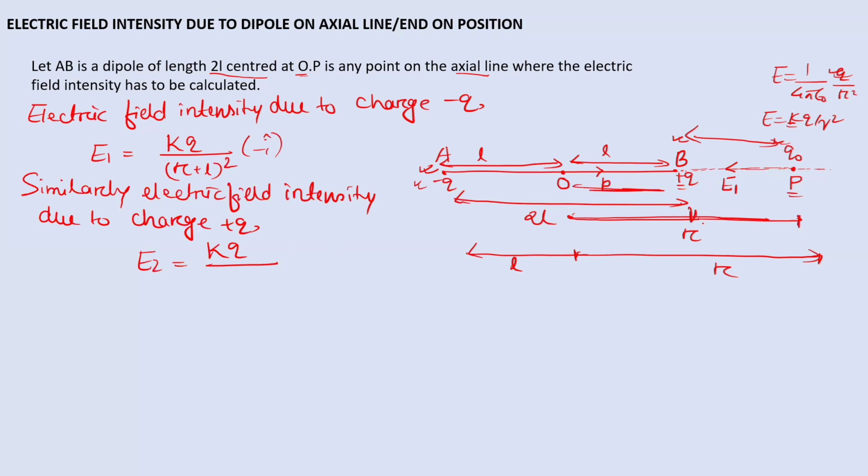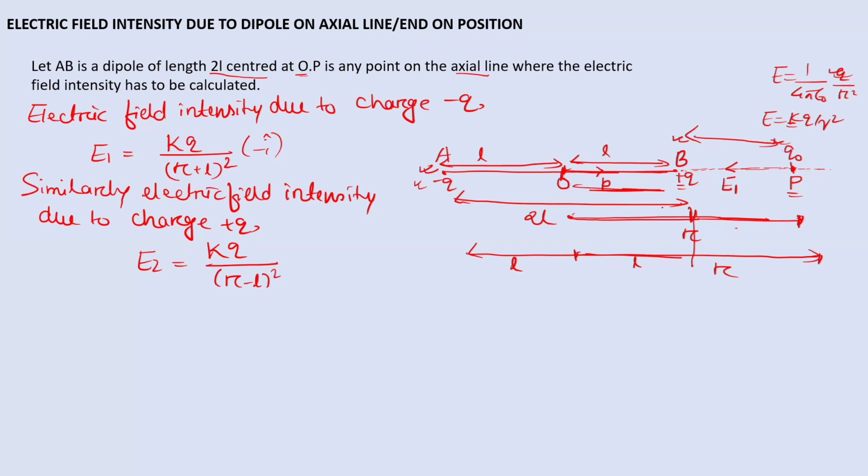That means this is only the distance, right? So from the entire R, if you subtract this L length, because this length was what? L. You can just see this length is your L. And from this point O to this point P, it's what? R. So you will write it to be R minus L whole square.